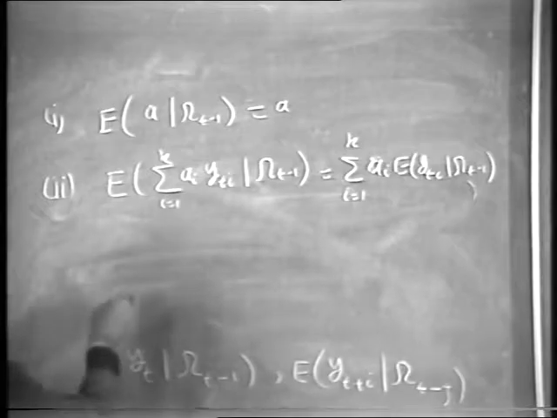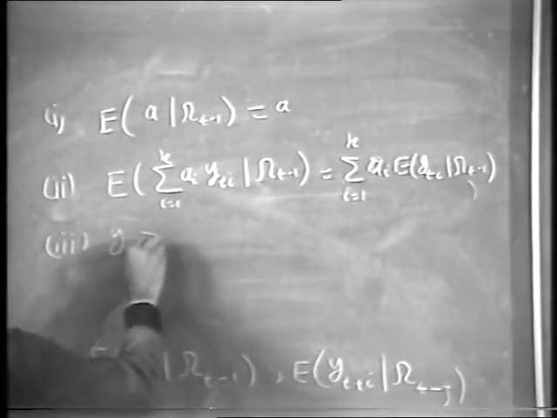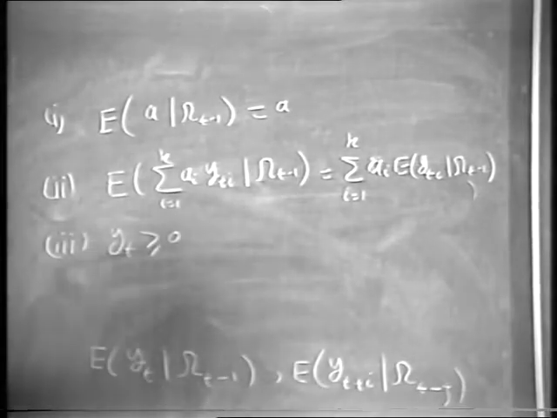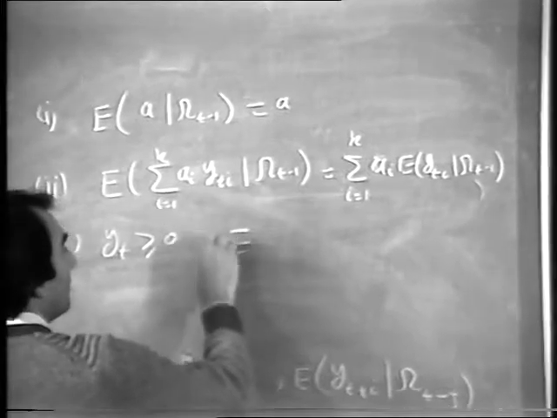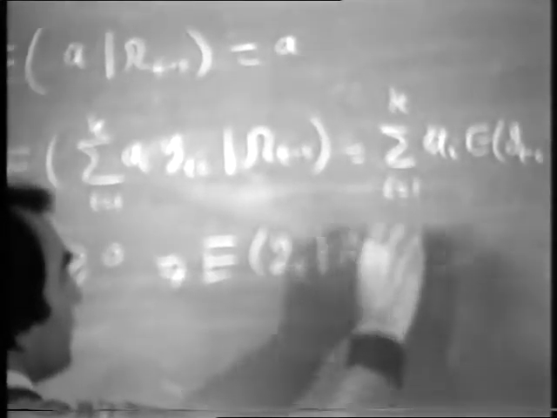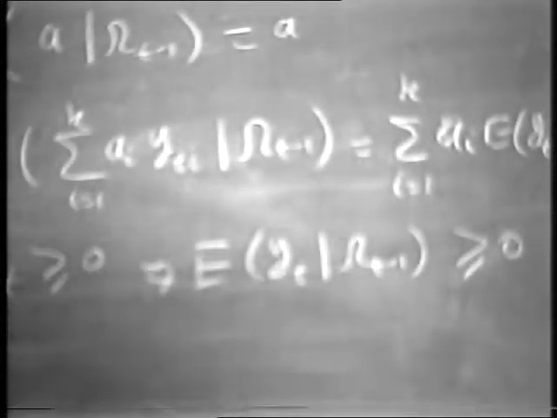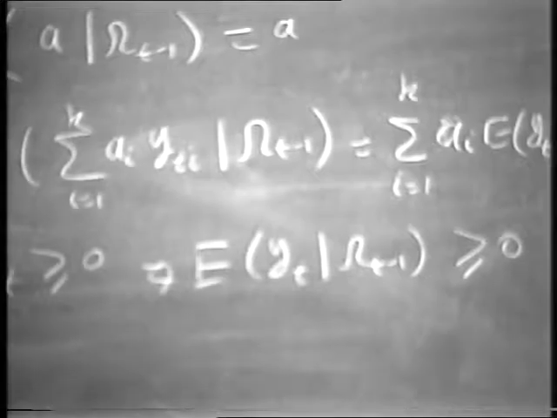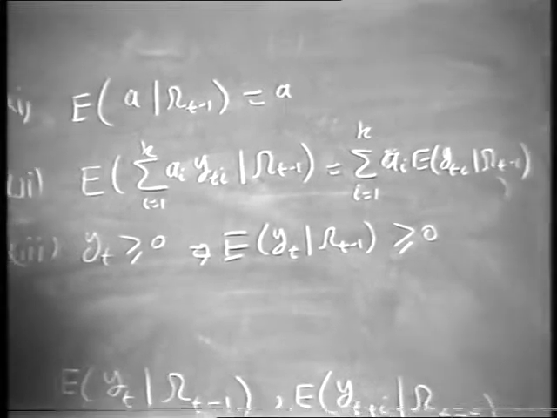Now, furthermore, if we have yt being positive or equal to 0, a non-negative number, then it would also follow that the expectation of yt conditional on omega t minus 1 is also non-negative. Since all yt's are positive, it's a property of expectation.